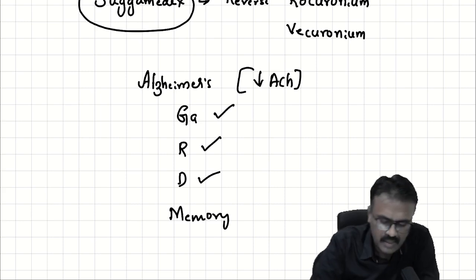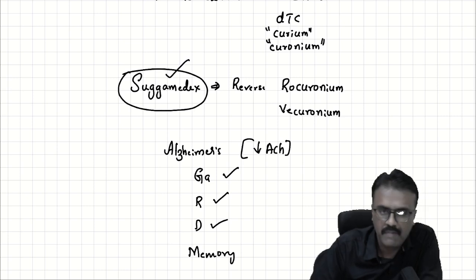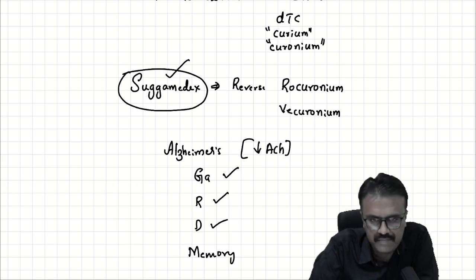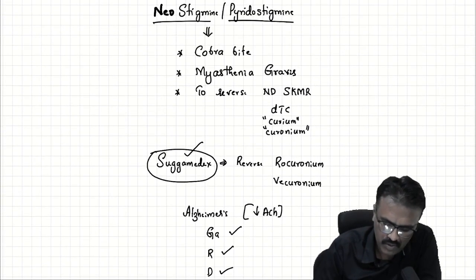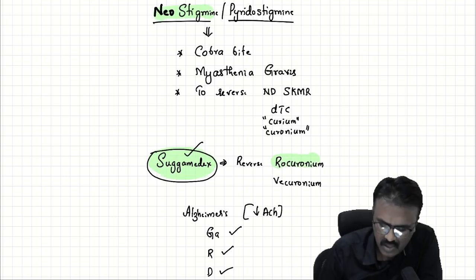Okay. Yes, very good. If I compare Sugammadex and neostigmine, Sugammadex is faster acting compared to neostigmine. So rapid reversal, very good, Lakshman and Sai. Suppose in the options you have both neostigmine and Sugammadex to reverse rocuronium, Sugammadex is the best answer.